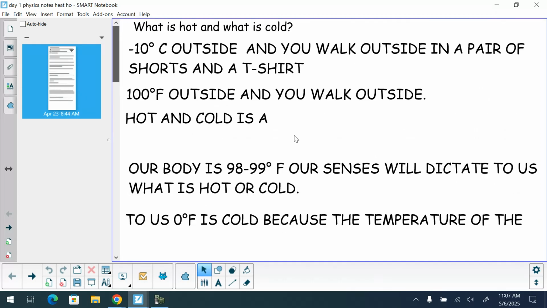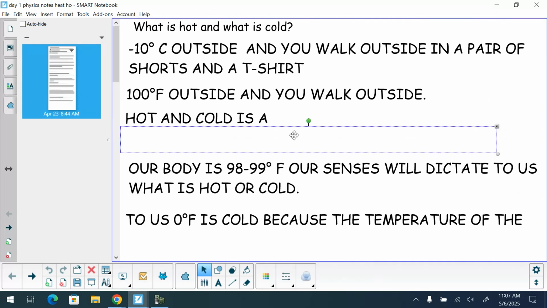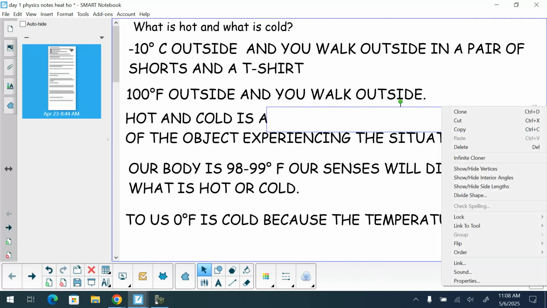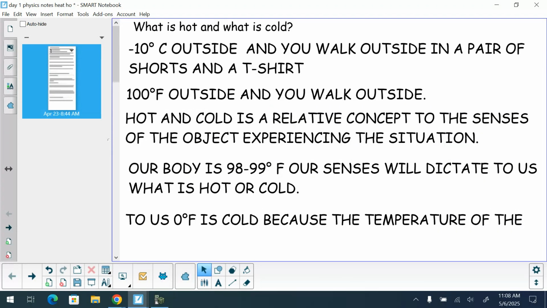So the idea of hot and cold, a lot of it depends on your senses. Hot and cold is a relative concept to the senses of the object experiencing the situation.